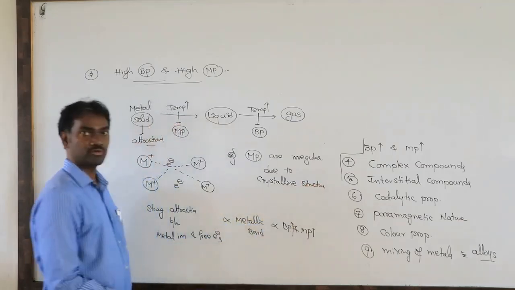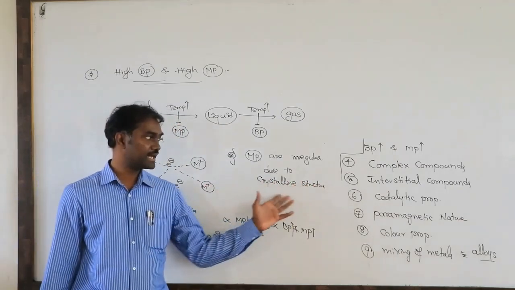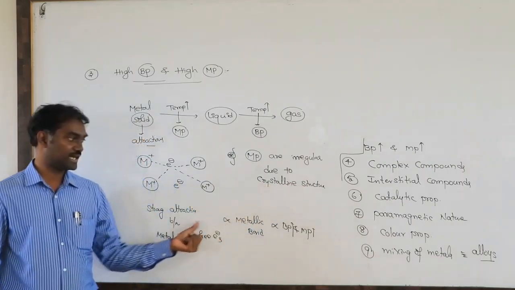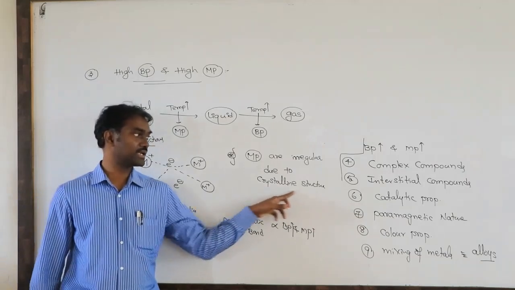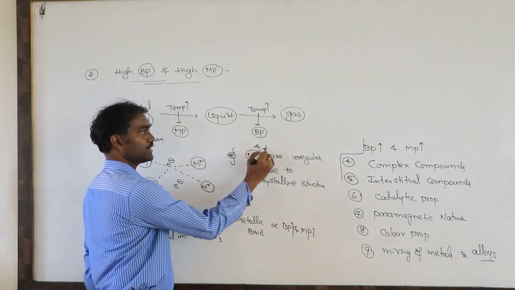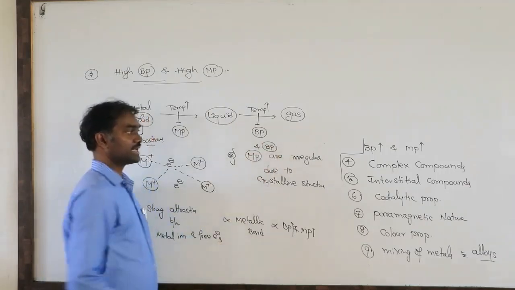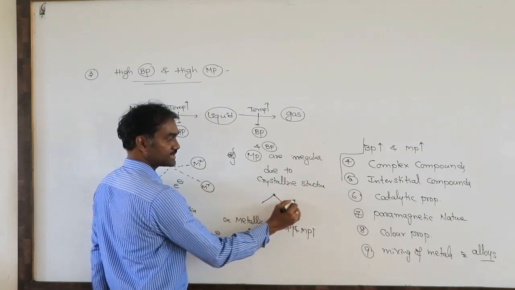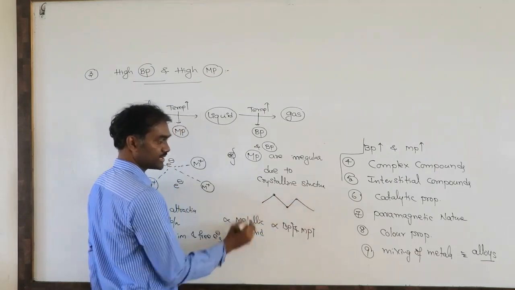Suppose you are going left to right, whether it is increasing or decreasing depends not only on the attraction forces but also on the crystalline structure. So that's why melting and boiling points are both irregular. Sometimes it increases, next decreases, next increases.